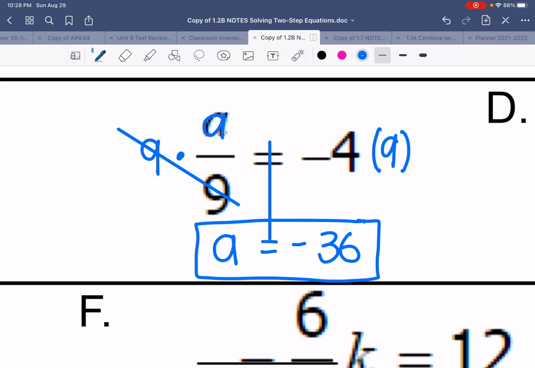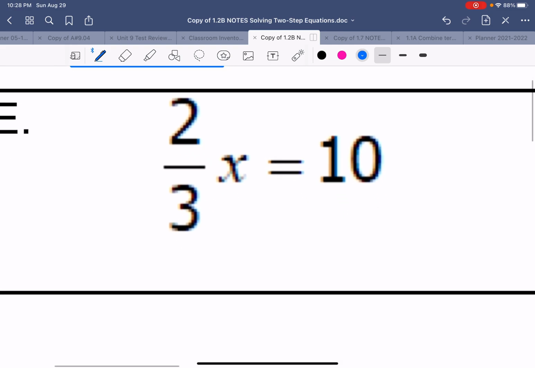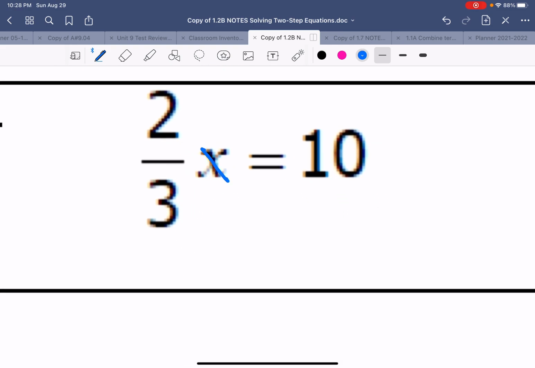The reason why I say if A, or your variable, is inside the fraction, is because we get to this one over here, and notice how x is outside the fraction. When x is outside the fraction, it is being multiplied by this fraction. There's multiplication going on here.